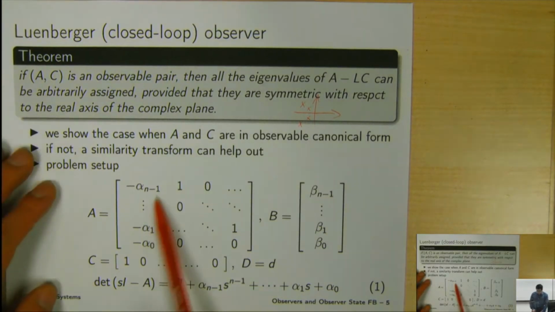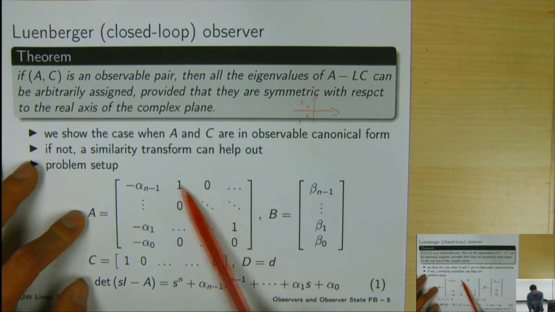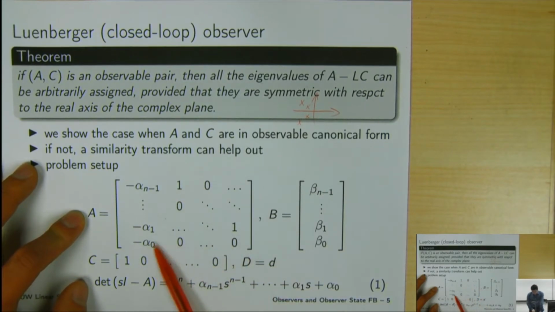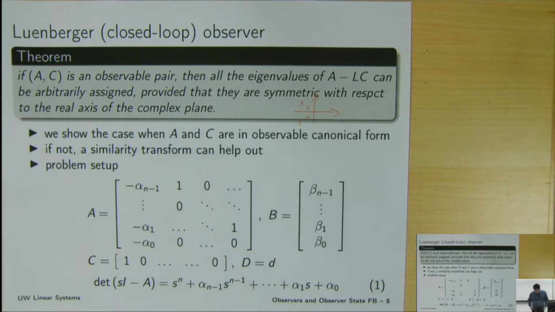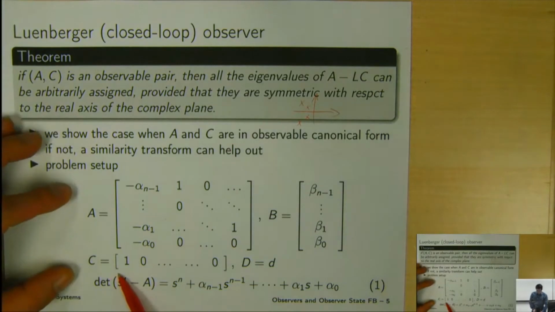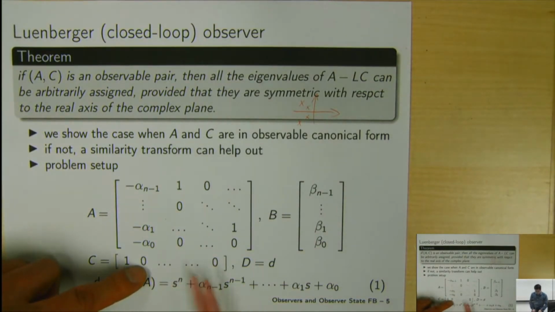Our A matrix, therefore, in observable canonical form, is a lot of ones, and then in the first column we have these coefficients of the closed loop characteristic polynomial, alpha 0 to alpha n minus 1. So that's for the A matrix, and for the C matrix we have this simple structure of 1 and then all zeros.